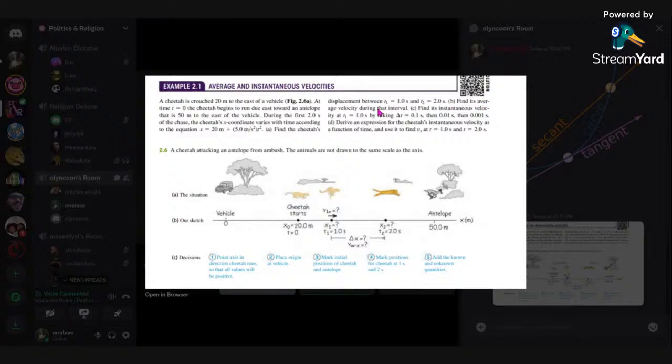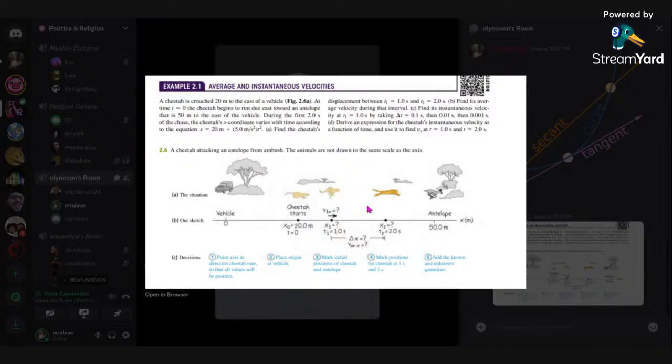Find its average velocity during the interval. So the average velocity during this interval is the average. What is v1x and what is v2x? That's a little bit more complicated.